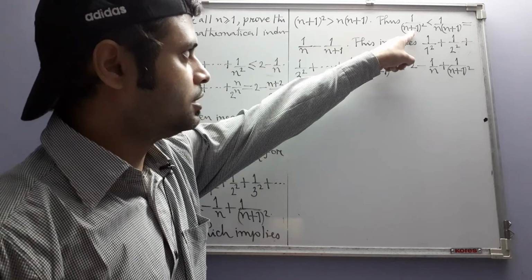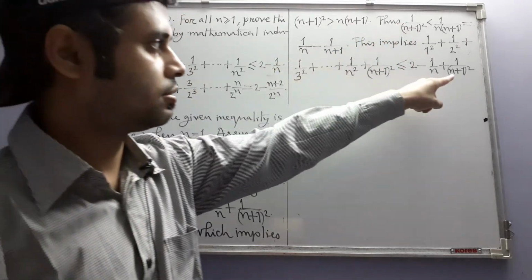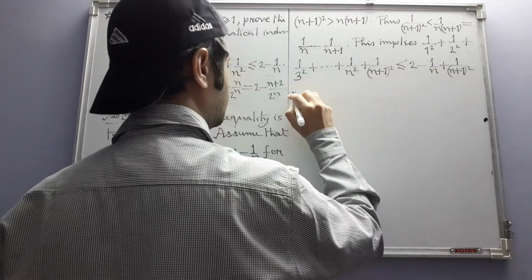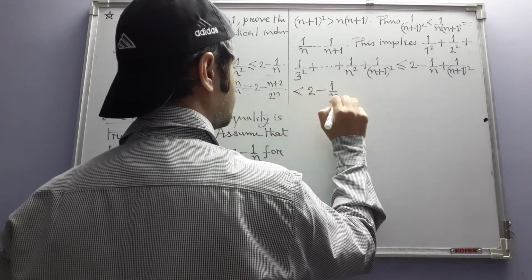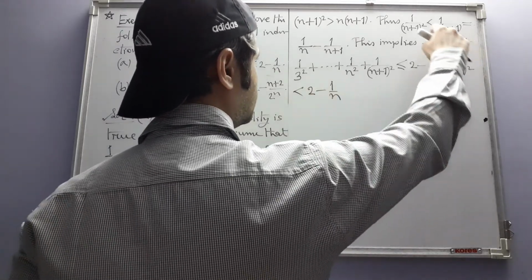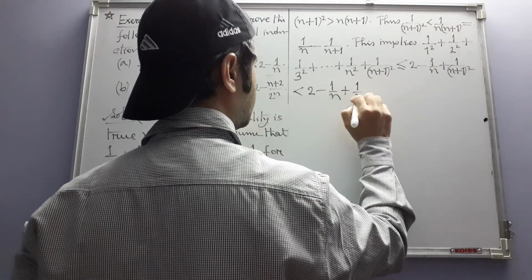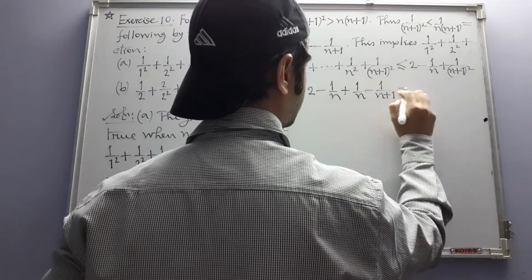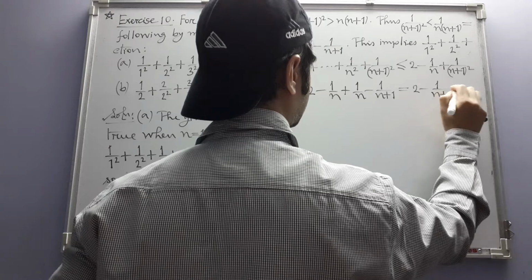Now this is strictly less than this, so we can replace it by that. So this will be strictly less than 2 minus 1 over n, and this thing is less than or equal to 1 over n minus 1 over n plus 1, and this becomes 2 minus 1 over n plus 1.